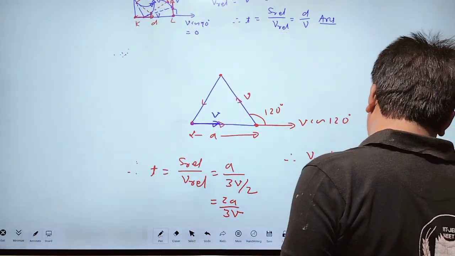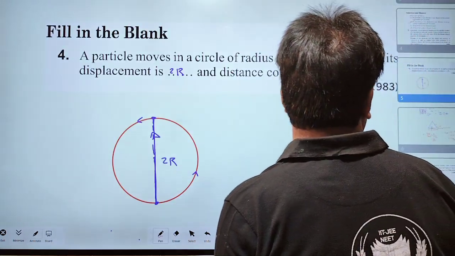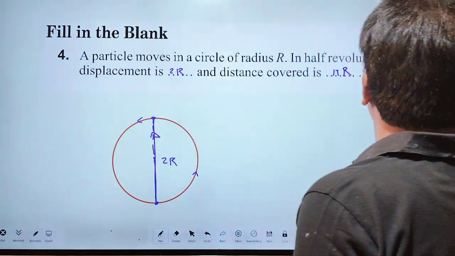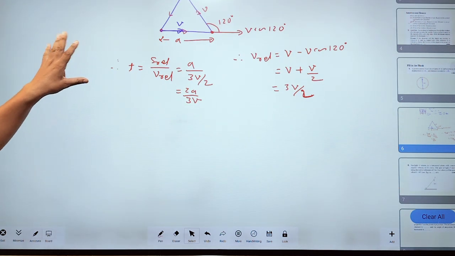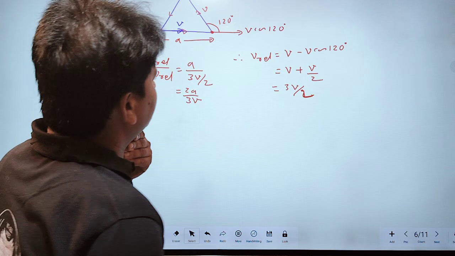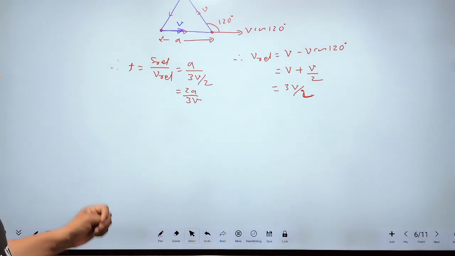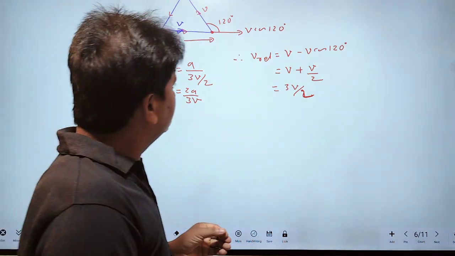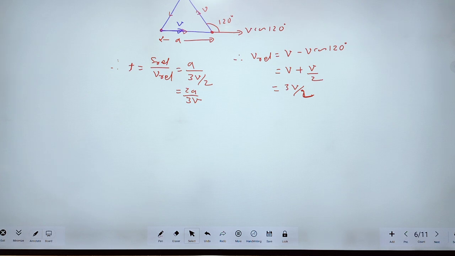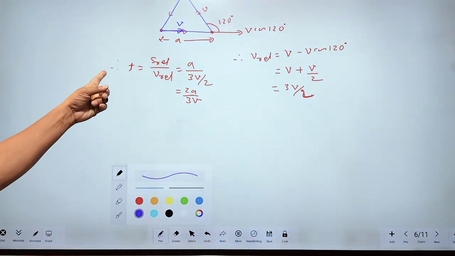Now I am going to solve. In this question, another question can be one in which we have to find the total distance traveled by the particle in time t.